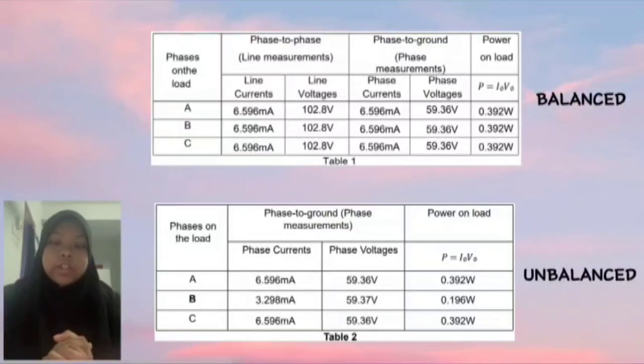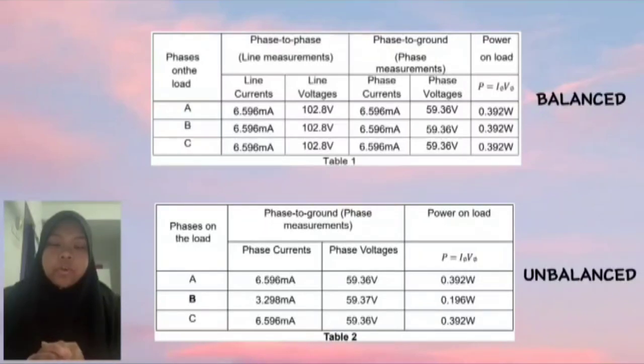You can also see the phase voltage for balanced load is the same, but for unbalanced load it is slightly different between A and B. For A and C it is 59.36 volt, but for B it is 59.37 volt. So that is the slight difference for unbalanced load.